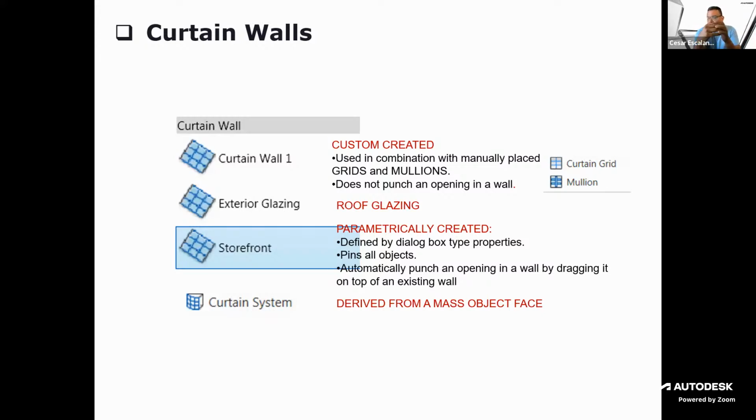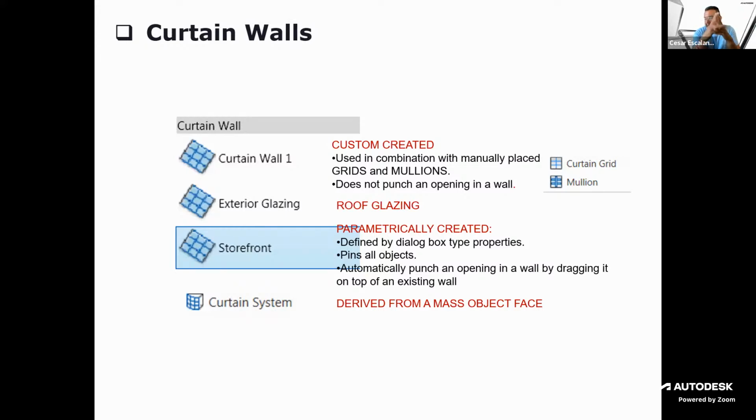The dialog box controls the distribution of the panels, the grids, and the mullions using a set of rules. The only thing a user does is define the length and the height of the storefront, but then all the distribution of the panels is parametrically created.